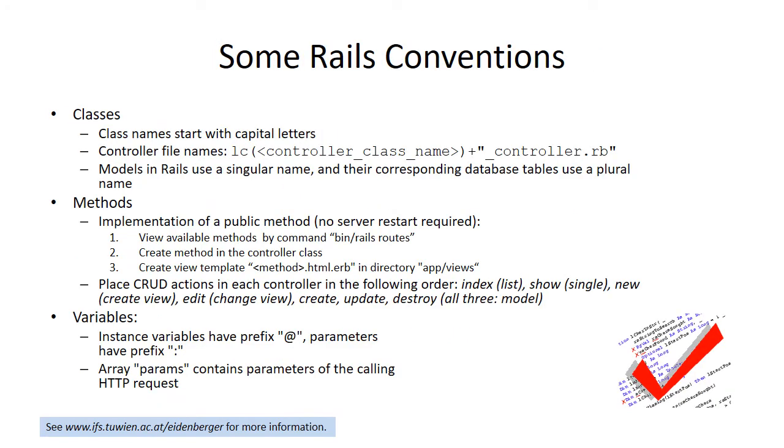Okay, some conventions, just a few of those. Class names always start with a capital letter, with an uppercase letter. The controller file names are always lowercase. The controller use singular, the models actually use the singular names, and the corresponding database tables have plural names.